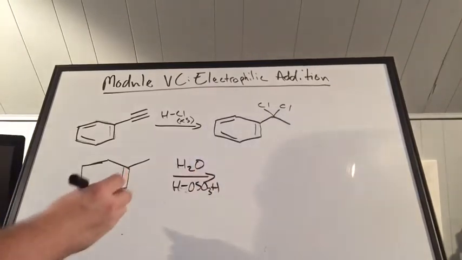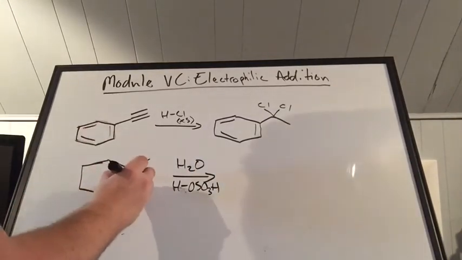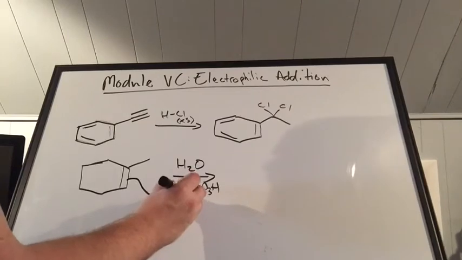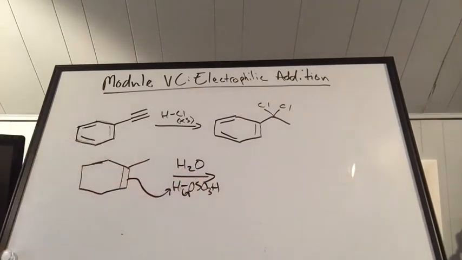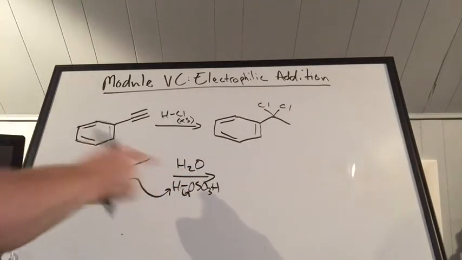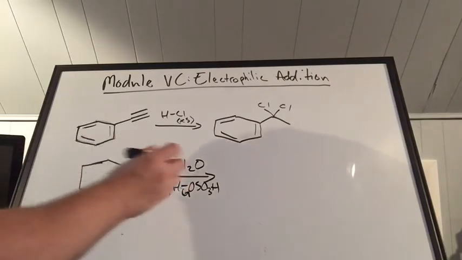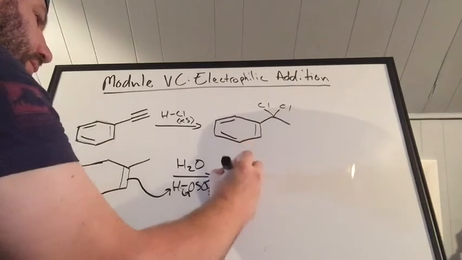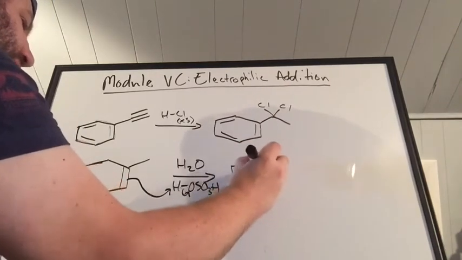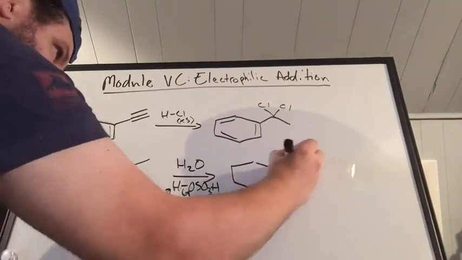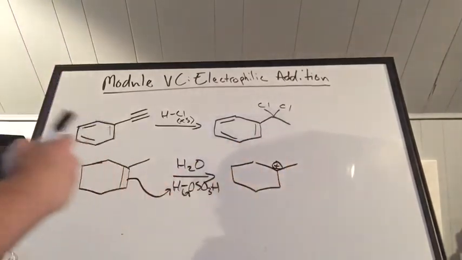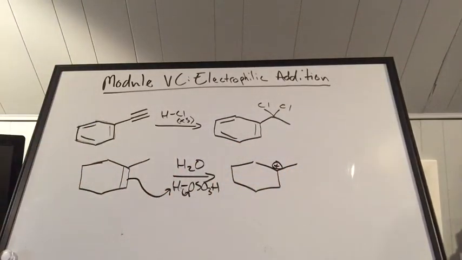Okay. So what's going to happen is this double bond is going to coordinate to H plus and form a conjugate base from this acid. Okay, so what is going to be the most stable carbocation intermediate, the most substituted?